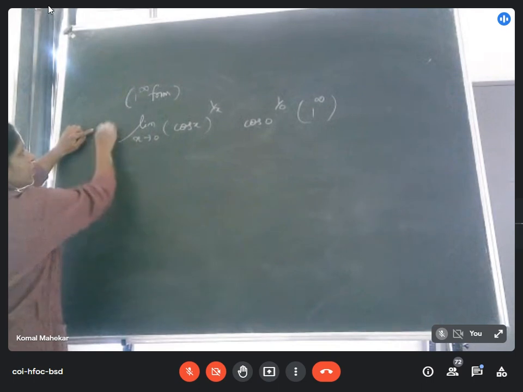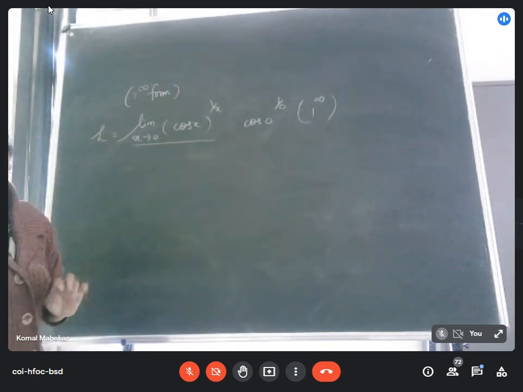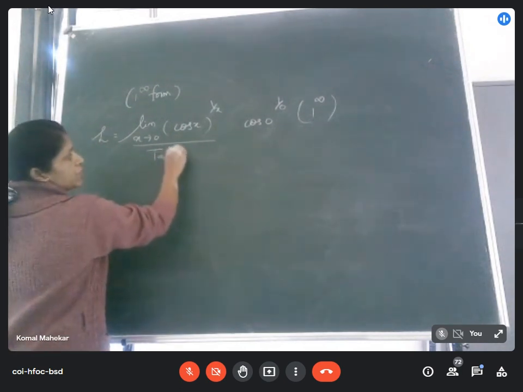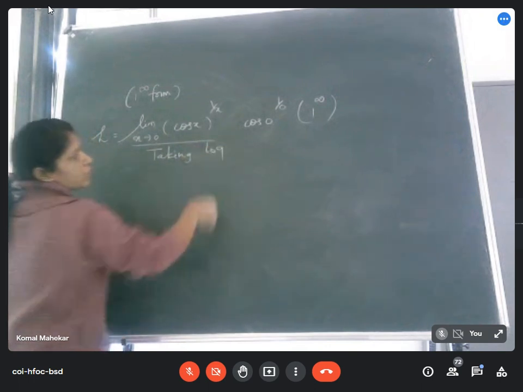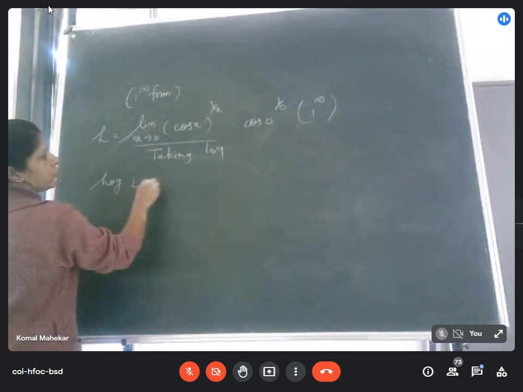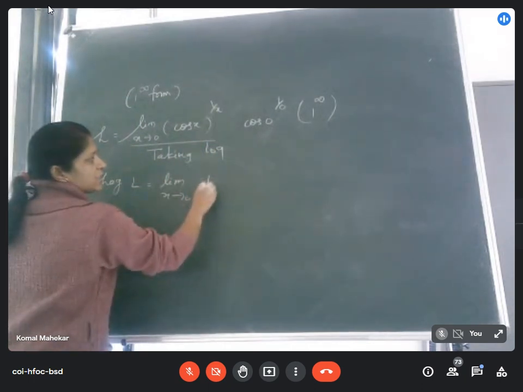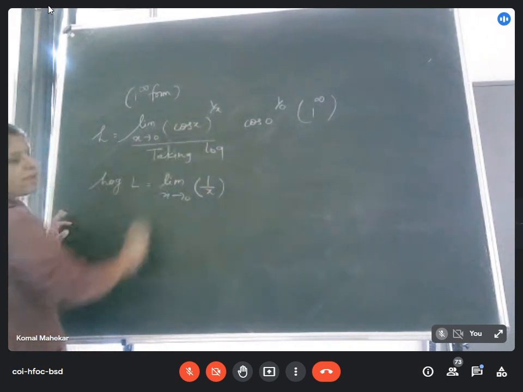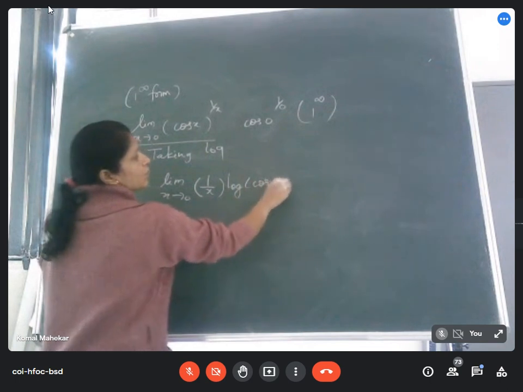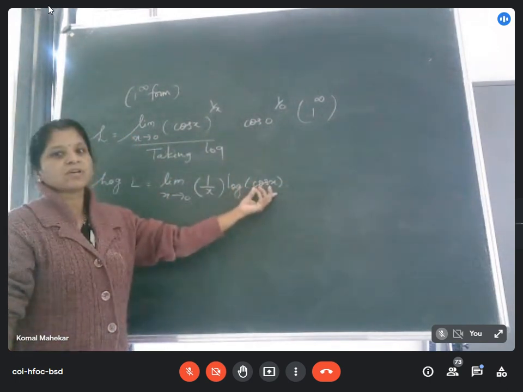Now how to solve this? Let L is equal to limit of cos x raised to 1 by x. In the next step, take logarithm on both sides. After taking log, we get log of L is equal to limit x tends to 0 of 1 by x into log of cos of x.